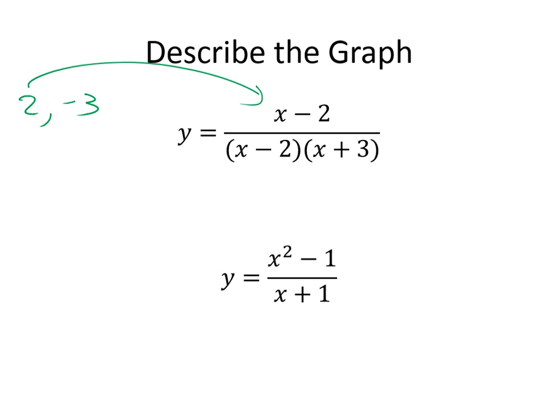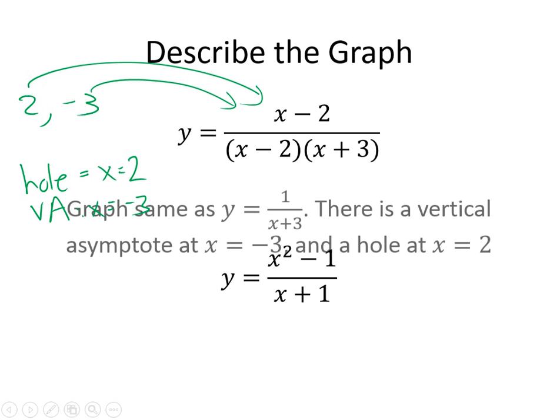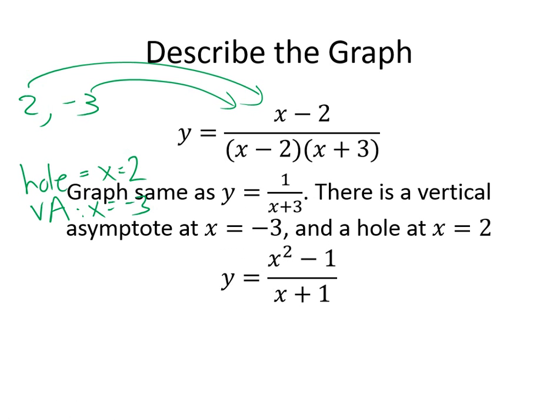That means that we have a hole at x equals 2. Now if we plug in a negative 3, we do not get a 0 on the top, which means we have a vertical asymptote when x equals negative 3. Okay. All right. And so that's what it kind of looks like. It's the same because we can reduce it through.